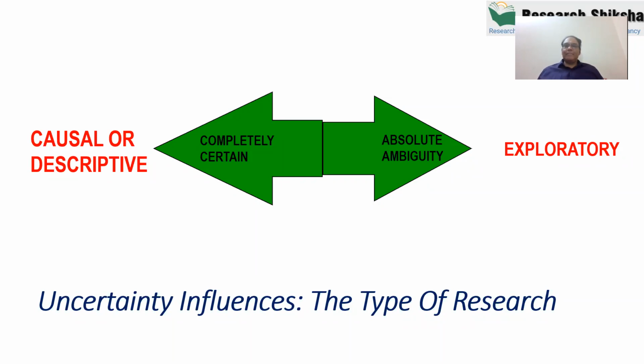Now in exploratory, because the problem is not clear, can we start with a hypothesis? No. In exploratory study, the hypothesis cannot be considered. You cannot do exploratory study with a hypothesis. But causal and descriptive study should start from the hypothesis. So hypothesis is one of the criteria which is helpful in discriminating exploratory from causal and descriptive.